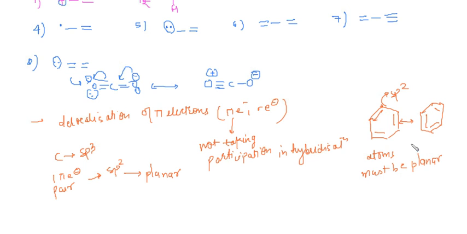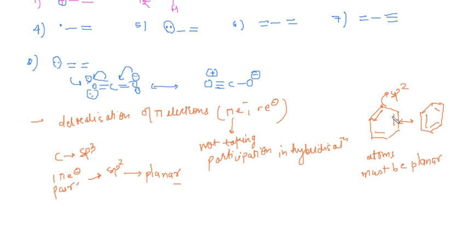For resonance, the atoms must be planar, because in sp3 we cannot find a pi electron, but in sp2 we can find at least one pi electron. When it has at least one pi electron, it is planar. When it is planar, resonance may occur. So if resonance is occurring, it must be planar.